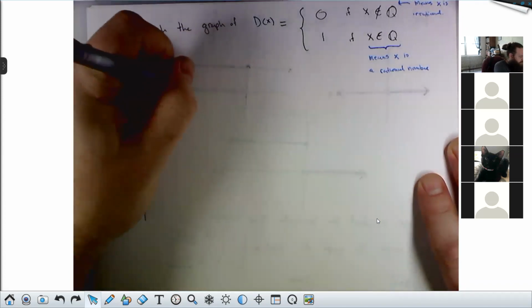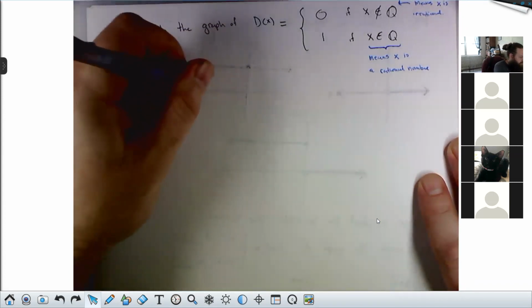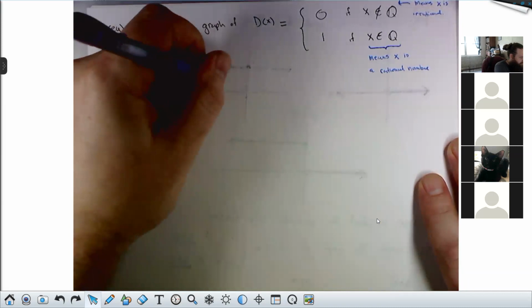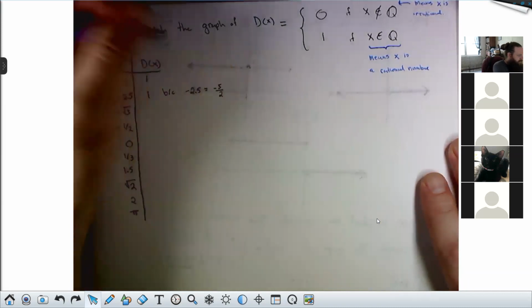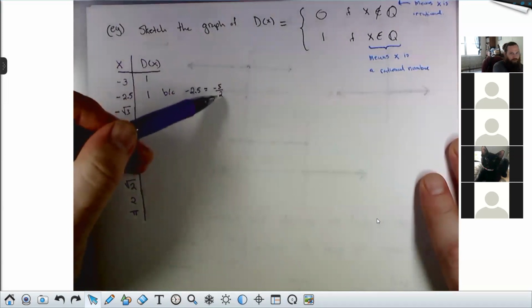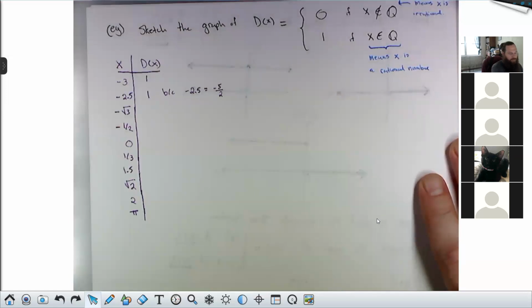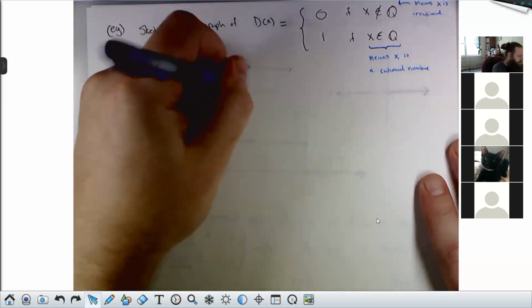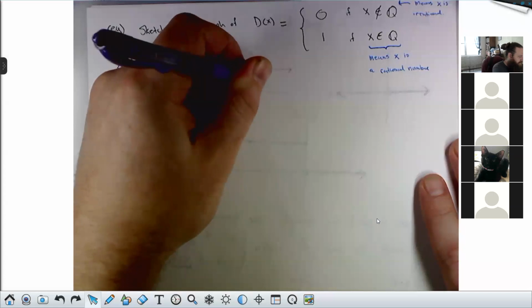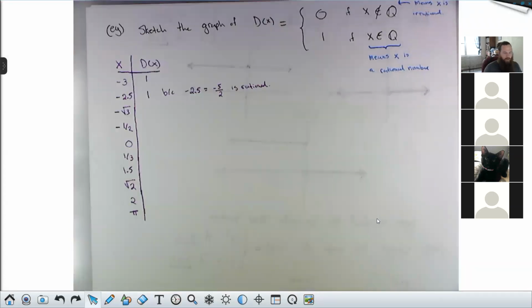And I would say -2.5, it is a fraction. It's -5 over 2. So 5 and 2 are both integers, right? So this is a rational number. Most of the numbers that we think about are rational numbers, right? Anything whose decimal expansion is finite in length or repeating. So you could also say that. But yeah, definitely this is equal to 1 because this is a rational number.